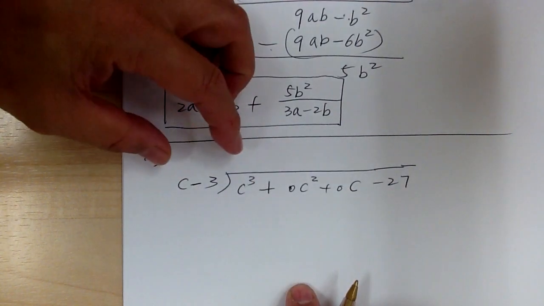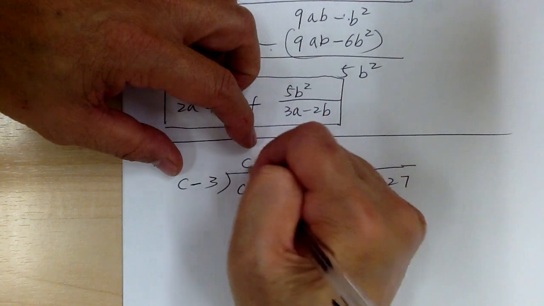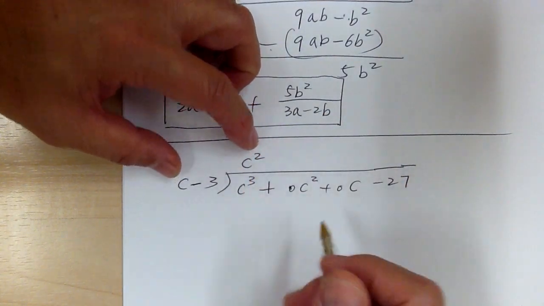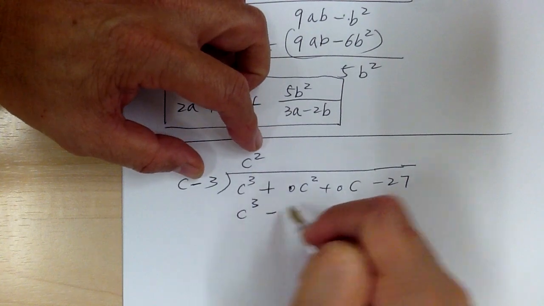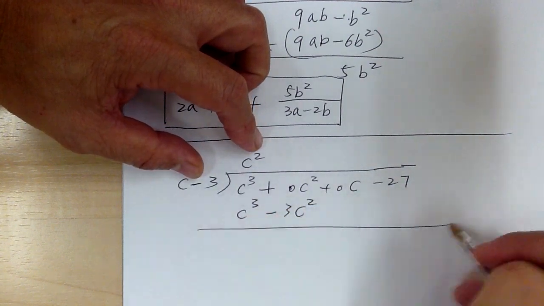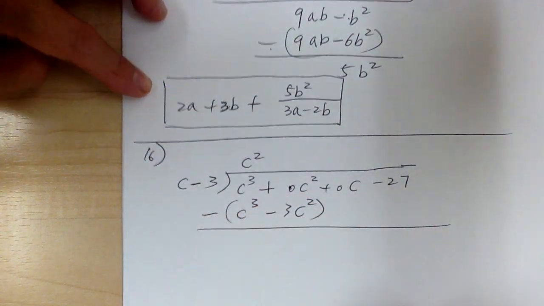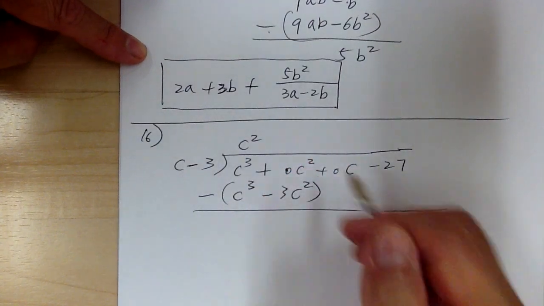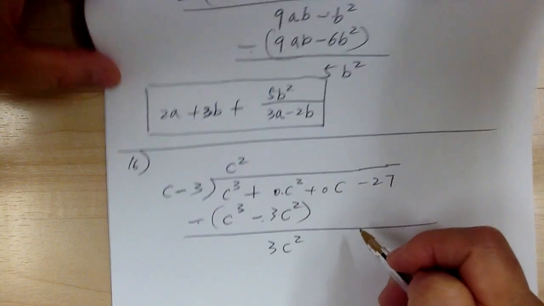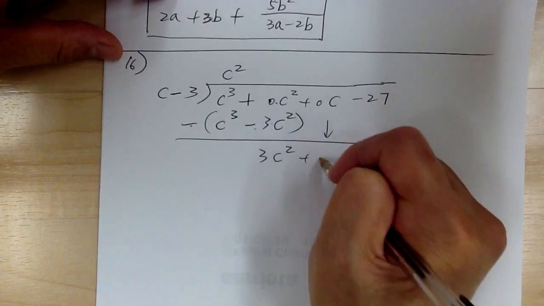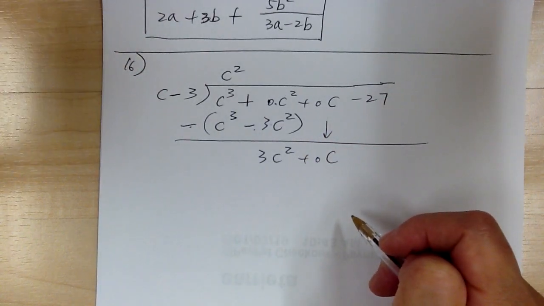Okay, so now ready to divide. The first term, you need to get c squared. So when you multiply, you get c to the 3 minus 3c squared. Put in parentheses, minus. So this always cancels out. 0 minus negative 3 gives you positive 3. And you drop the next one. Look at this one over here.